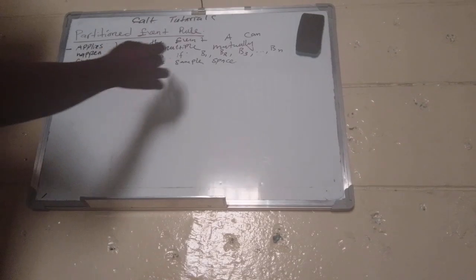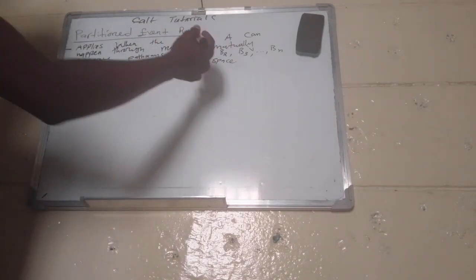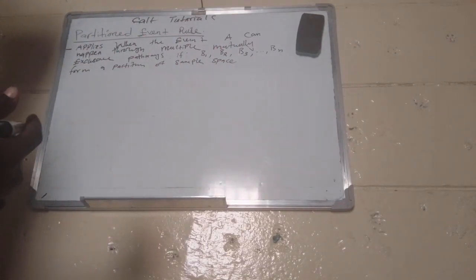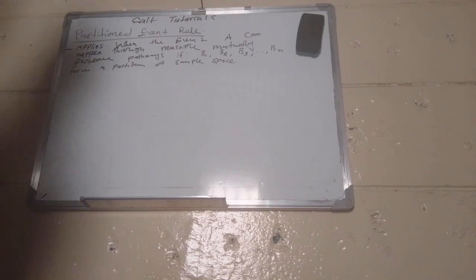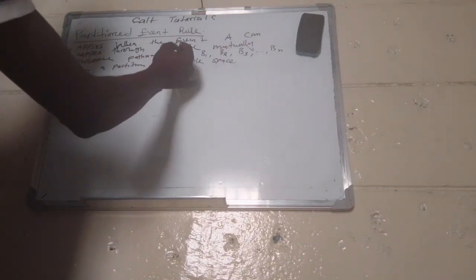What mutually exclusive means is that these events are not happening at the same time. They cannot happen at the same time. So now, if event A can happen through multiple, what multiples are we talking about?